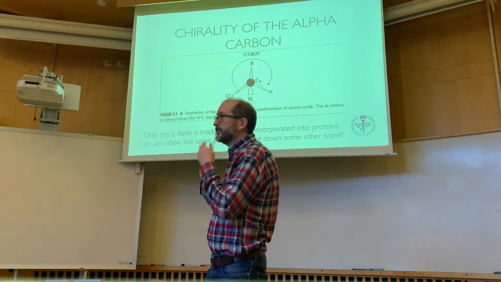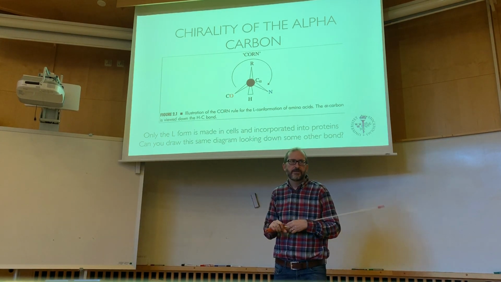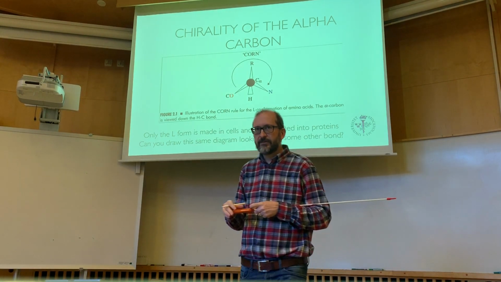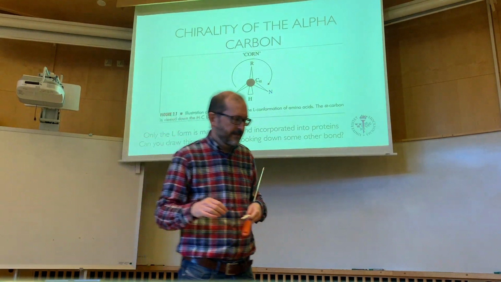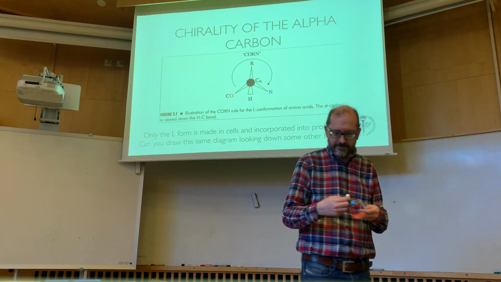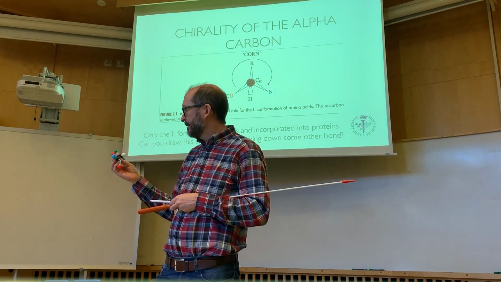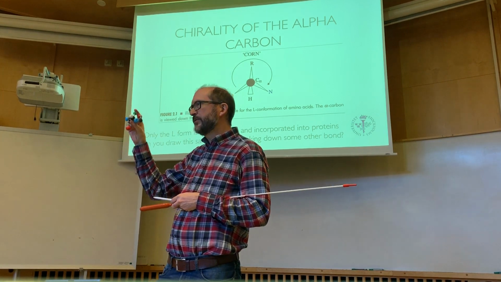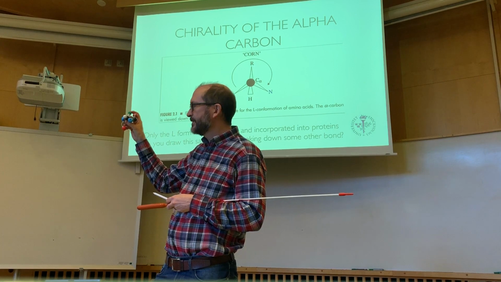If everybody knows the core rule, how to distinguish between L form, which is dominant, and R form of amino acids. What we're looking at here is the alpha carbon, which is this one with the red, with the green sphere, which represents the side chain.